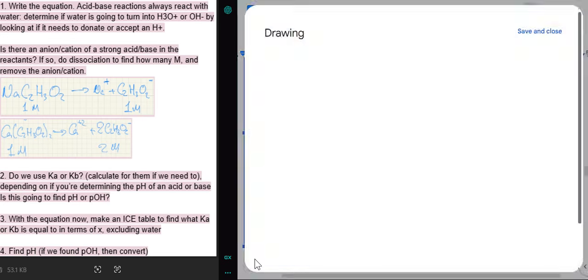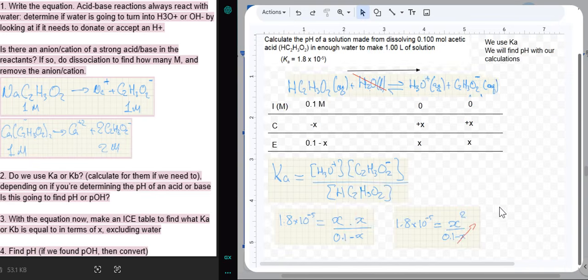So now that we ignored x, we can then rewrite this as this. And then we can find x.